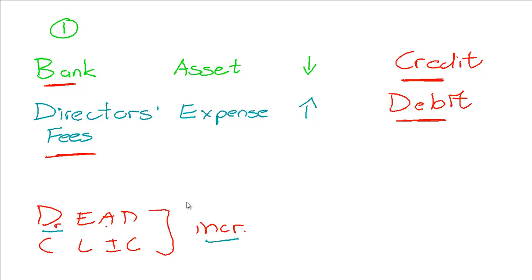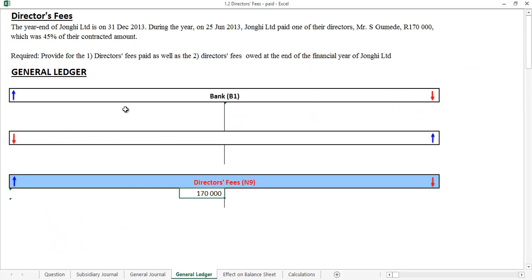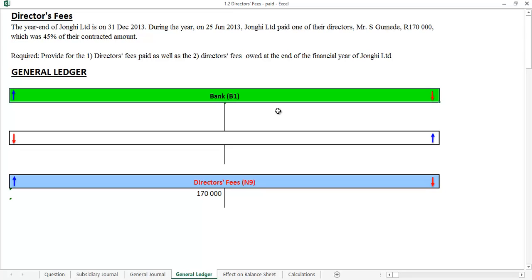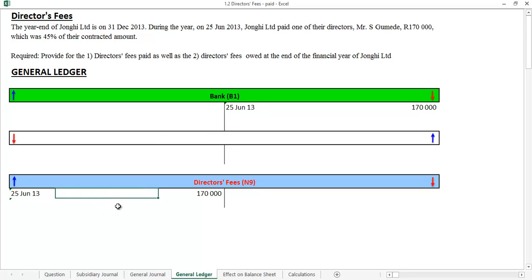My bank account decreased, and the bank account decreases on the credit side. So let's go back. My bank is an asset, so let's color it like that, and it increases on the debit side, and it decreases on this side, and we gave out money, so it's going to decrease by 170,000 Rand. Then we simply fill in our dates, 25 June, 25 June, and we can fill in our contra entries.